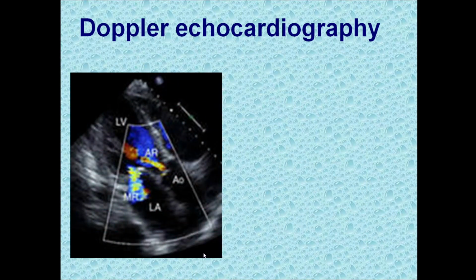And if you see the colored picture, you also can easily see normal blood flow from left atrium into the left ventricle, which is bluish color, and abnormal comeback blood flow from aorta into the left ventricle.